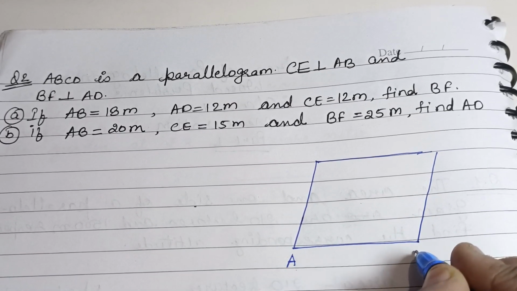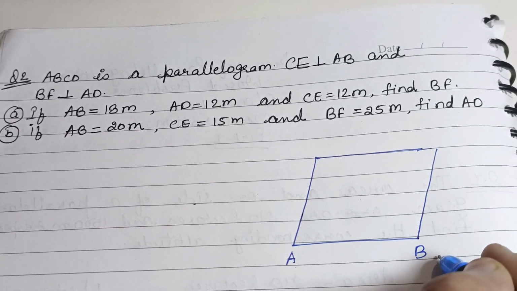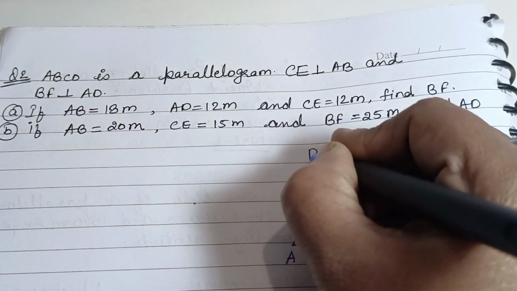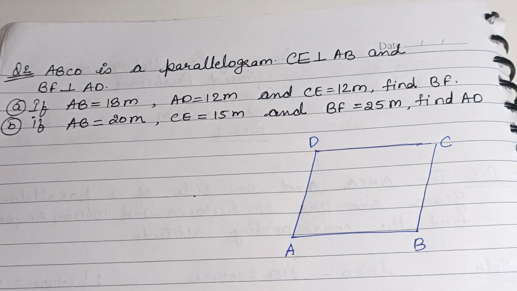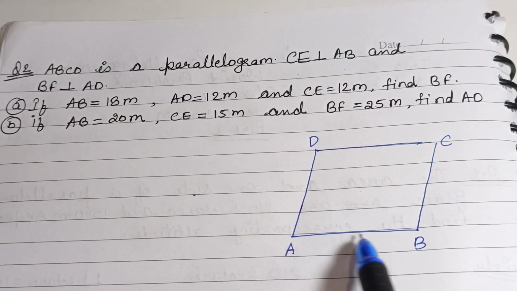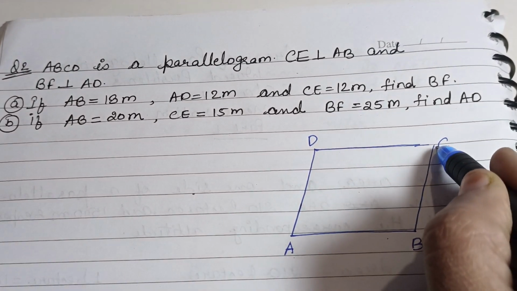That means A, and after that, if you are moving towards the right side, go right to B, then C and D. Now, what they are saying is CE is perpendicular on AB. That means this is AB, and from C, drop one perpendicular.